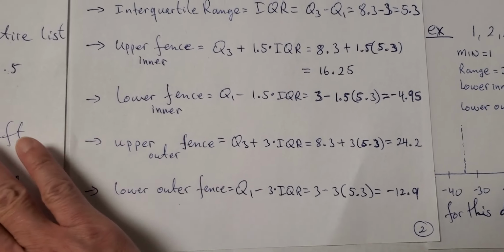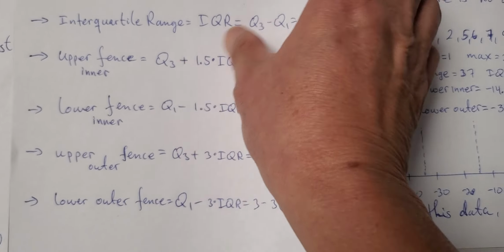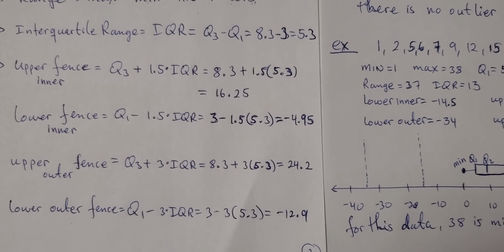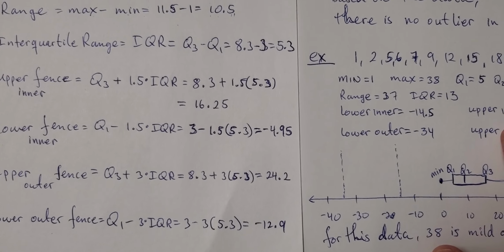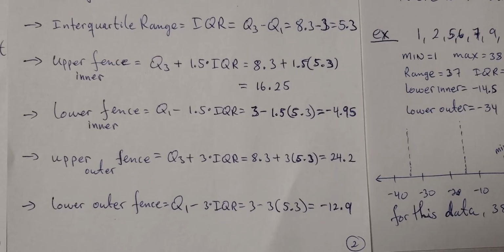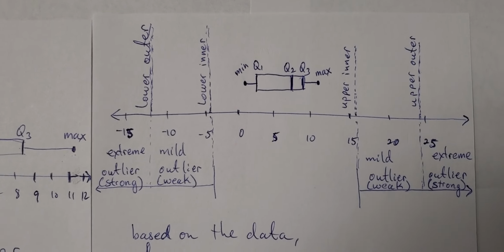Okay, so here is the whole complete box plot with the lower and outer fence, and then identify if there is an outlier or not. Okay, so here is a more complete graph of a box plot.